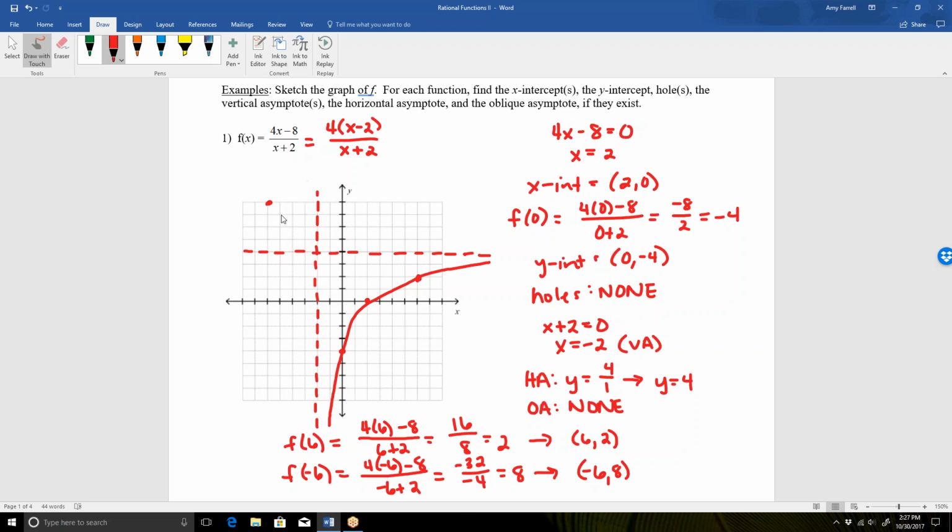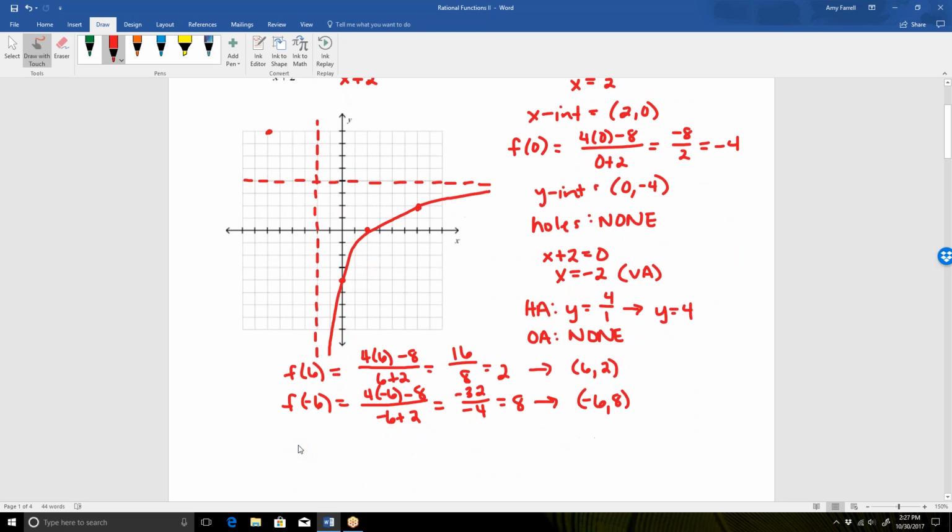I could find some more points, like I could plug in negative 3 for x, or I could plug in negative 4, to get an idea of what this curve looks like. Again, I'm not very picky as an instructor, so if a student found this point and sketched a curve up here, that would be good enough for me. But if your instructor wants to see more points, we can definitely go find those other points.